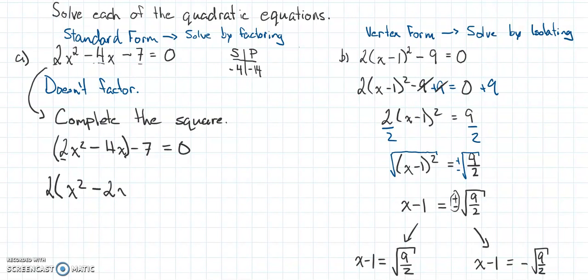You divide 4x by 2, you get negative 2x, minus 7 equals 0. And then you add and subtract half of the middle term squared. So half of -2 is -1, and if you square it, you get +1. So we're going to put +1 and -1.